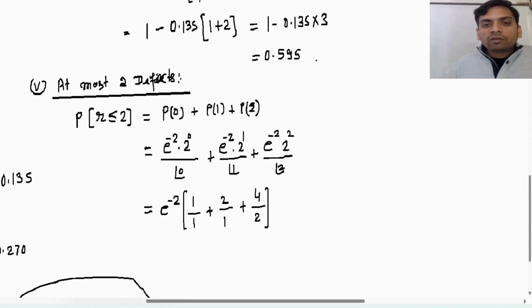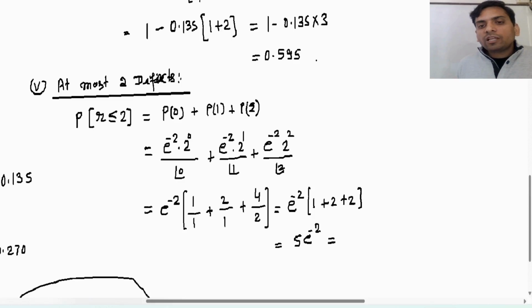So on solving, you will see e raised to the power minus 2, and first term is 1, second term is 2, and third term is again 2. So your answer is 5 e raised to the power minus 2.